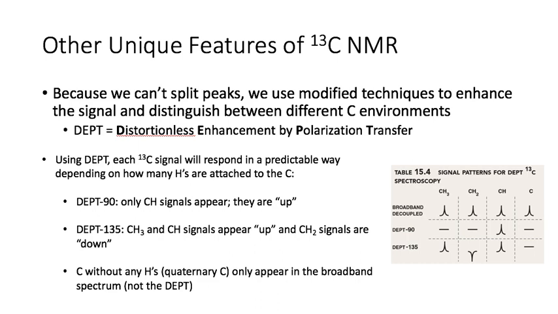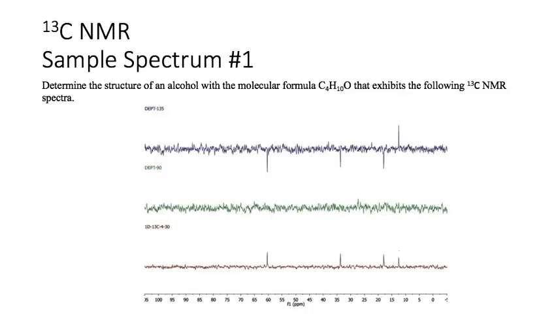So what you could do is stack all 3 of them. If you do all 3 spectra, you can stack them. If it doesn't have a label, or it's called broadband, that just means it's looking at all C's, none of this fancy modification with the DEPT 90 or 135. Then the DEPT 90 and 135 would be indicated based on what you see. So in the broadband, you should see all the peaks.